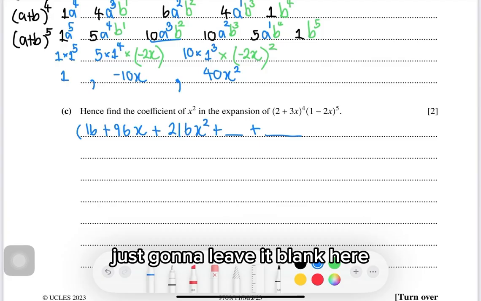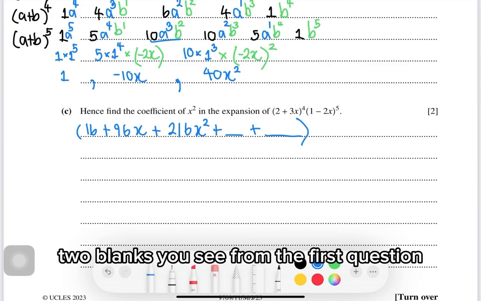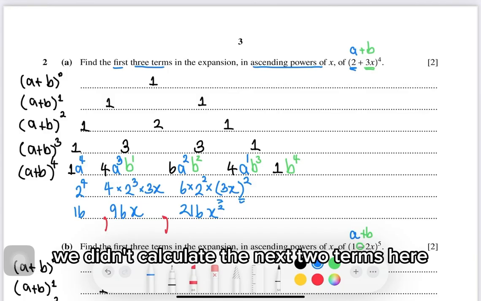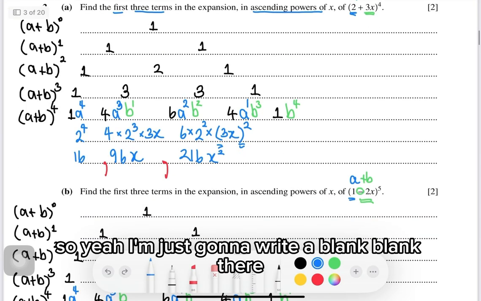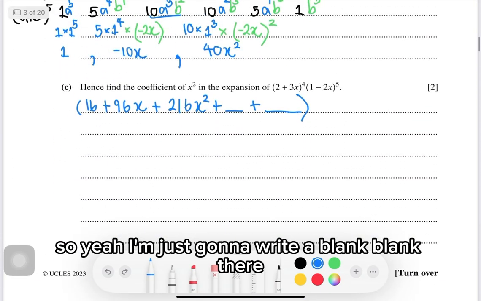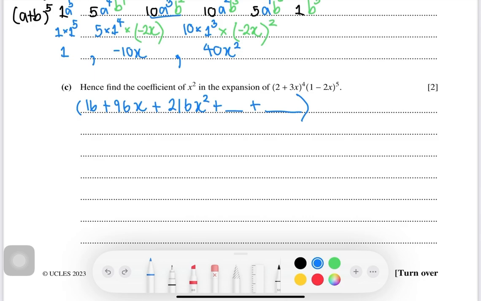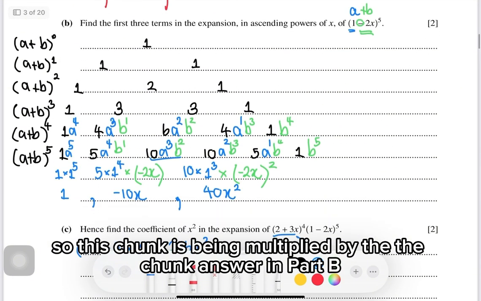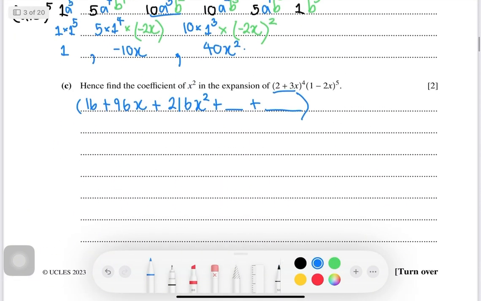Just going to leave it blank here, 2 blanks. You see, from the first question we didn't calculate the next 2 terms here. So yeah, I'm just going to write a blank there. So this chunk is being multiplied by the answer in part B, which is here.